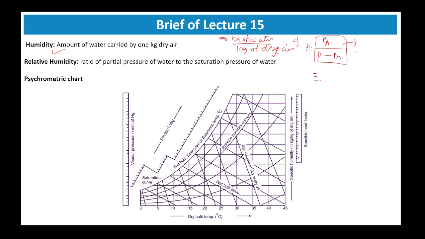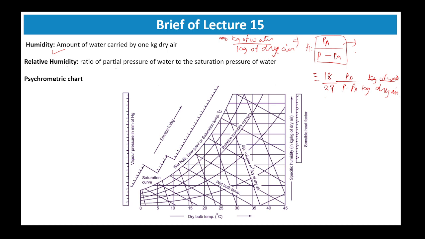Now, if you want to convert to kg of water per kg of dry air, you need to multiply by the molecular weights, which is 18 by 29 if we round off, so PA by P minus PA, which will be kg of water per kg of dry air.